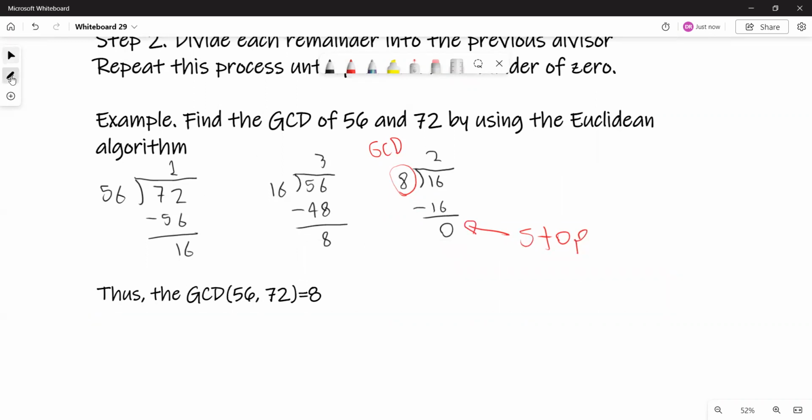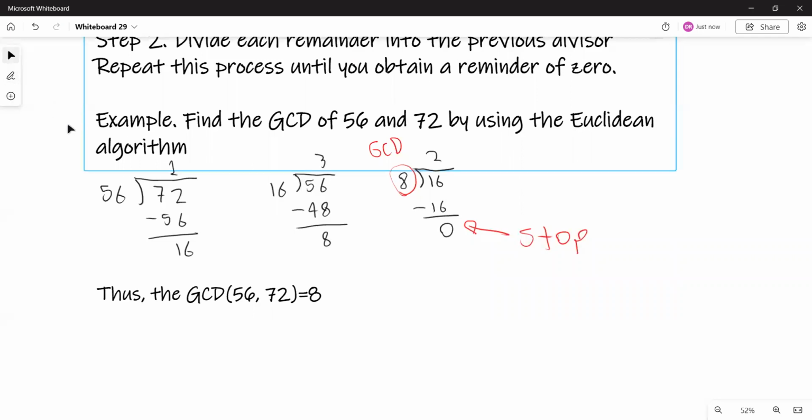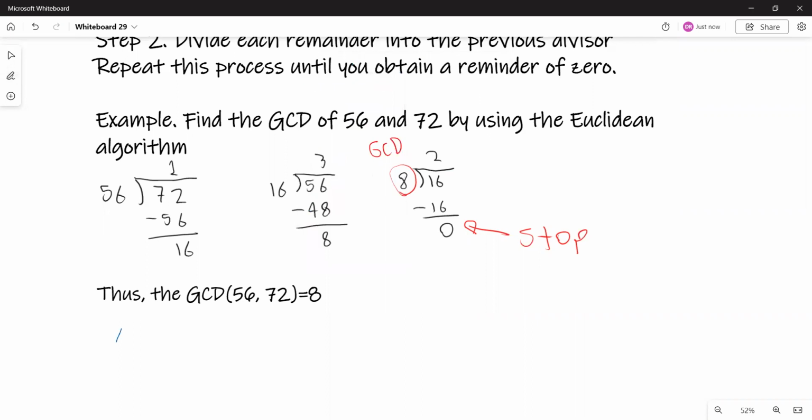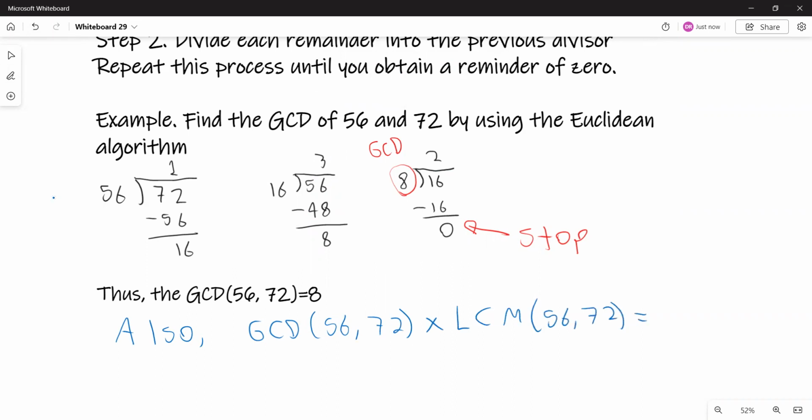And we can use the Euclidean algorithm to obtain the least common multiple. So also, we know that the greatest common divisor of 56 and 72 multiplied by the least common multiple of 56 and 72 equals 56 times 72.